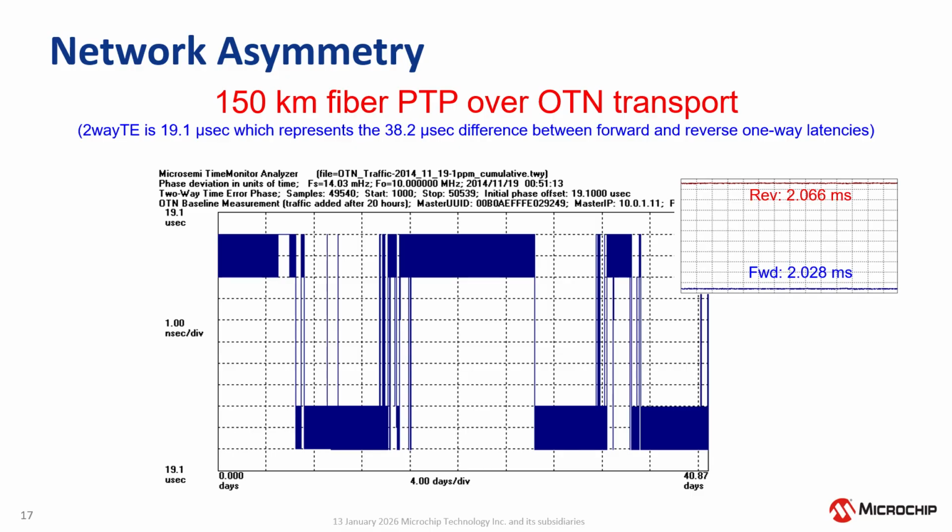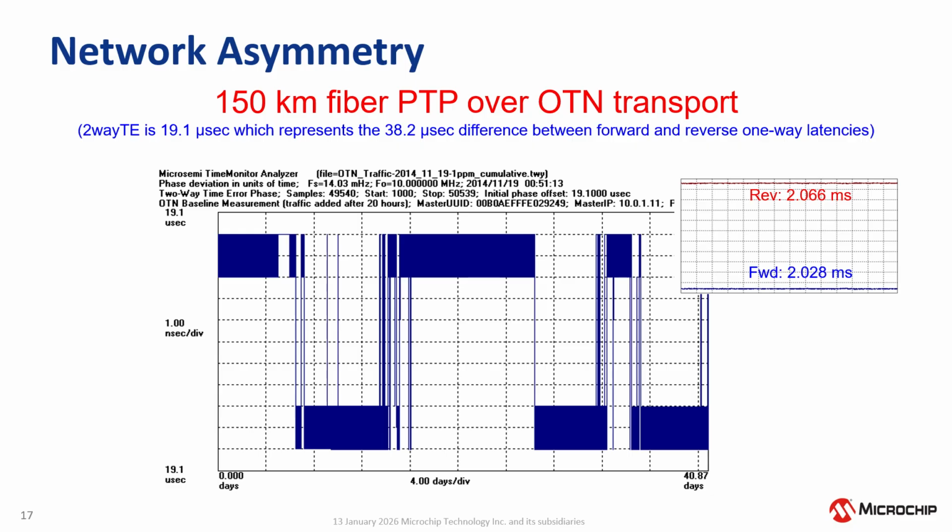Further example of network asymmetry. In this case, a test was made over 150 kilometers of fiber. This is PTP over OTN transport. The forward and reverse sequences are shown in the small plot to the upper right. And in that case, there is a difference between the two.